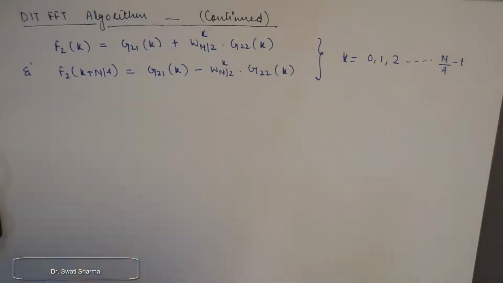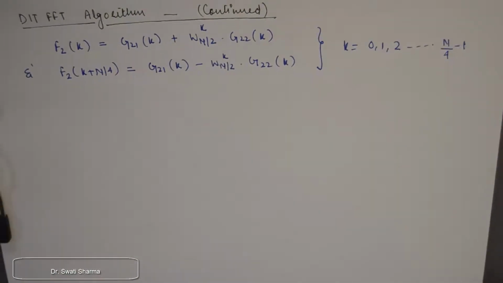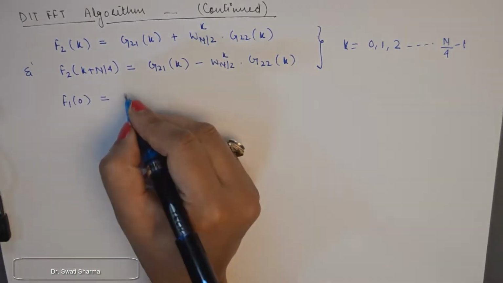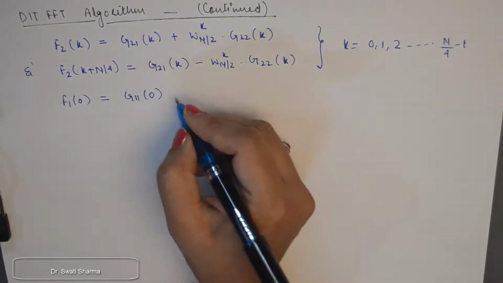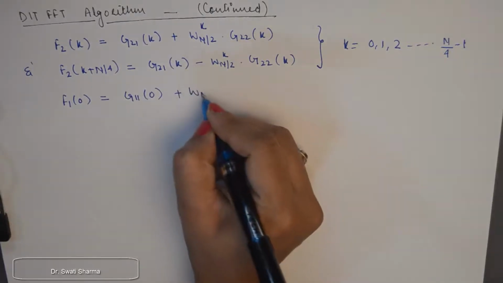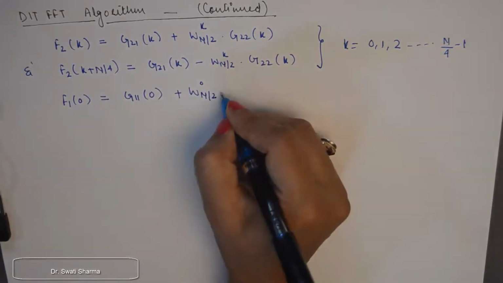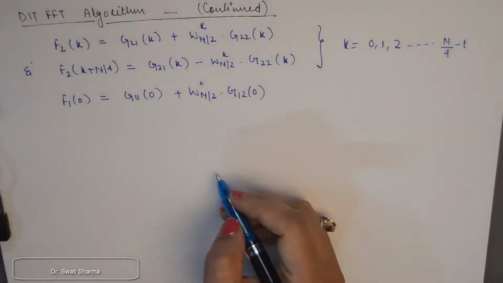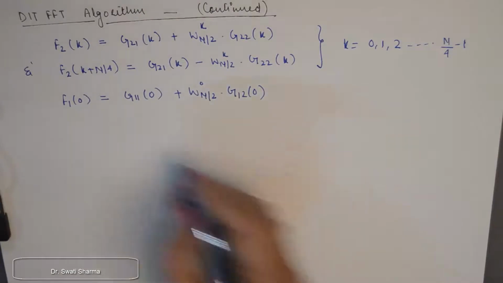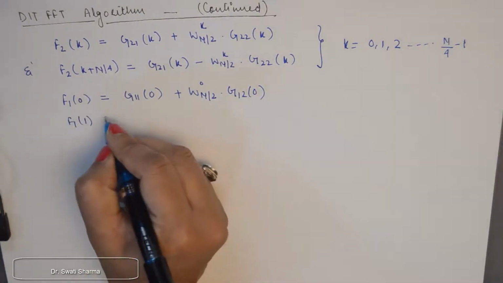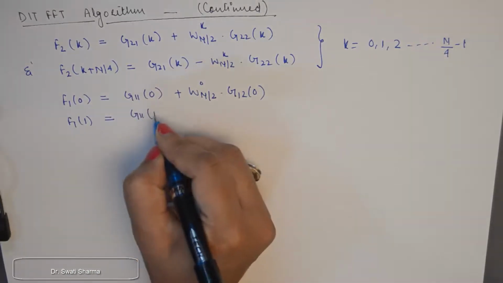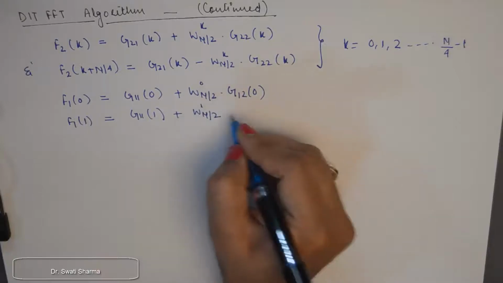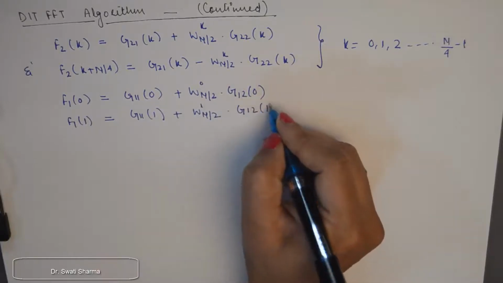So on substituting the values, I get f1 of 0 equal to g11 of 0 plus W_N by 2 to the 0 into g12 of 0, and when I put k equal to 1, I get f1 of 1 equal to g11 of 1 plus W_N by 2 to the 1 into g12 of 1.